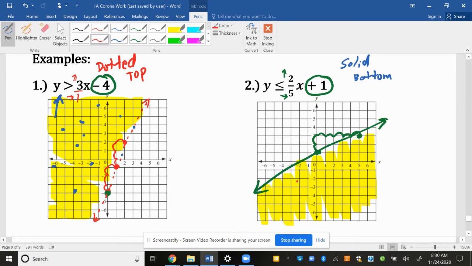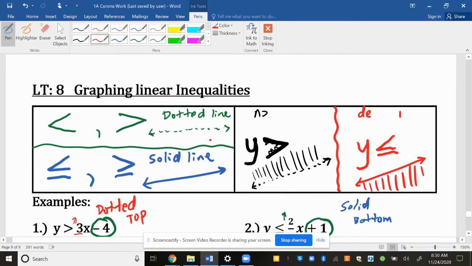Even dots that land on this line are also a part of the solution because that's a solid line, saying everything from here, including here and below. Number 1 was saying everything starting here and above, but not on the line. So that's the general concept of graphing inequalities.